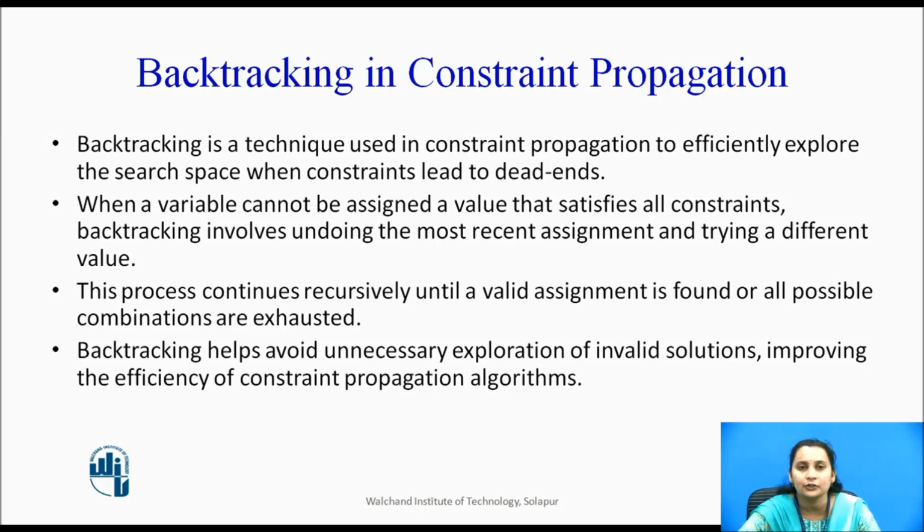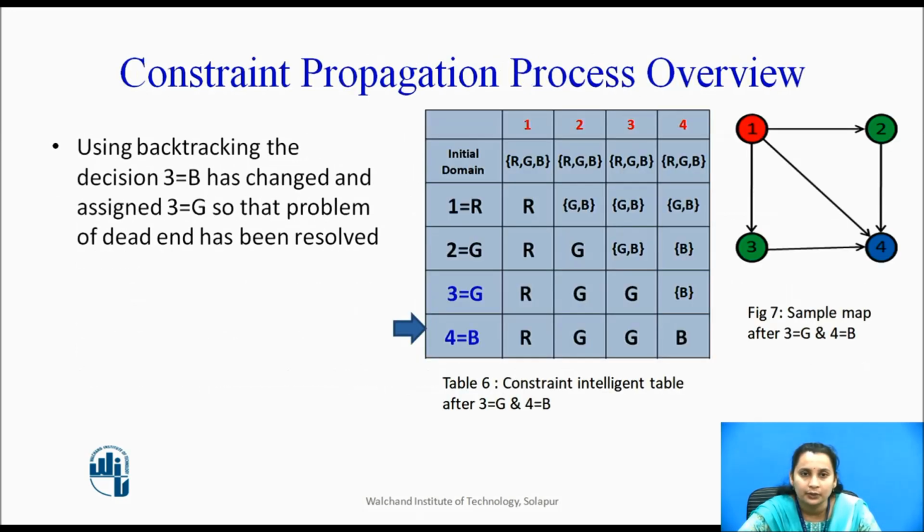Backtracking means we return to the state where the decision that caused the dead end was made, and we change that decision. This process is called backtracking. It avoids unnecessary exploration of invalid solutions that would reach a dead end. So which decision caused the actual problem here? The decision that 3 equals blue.